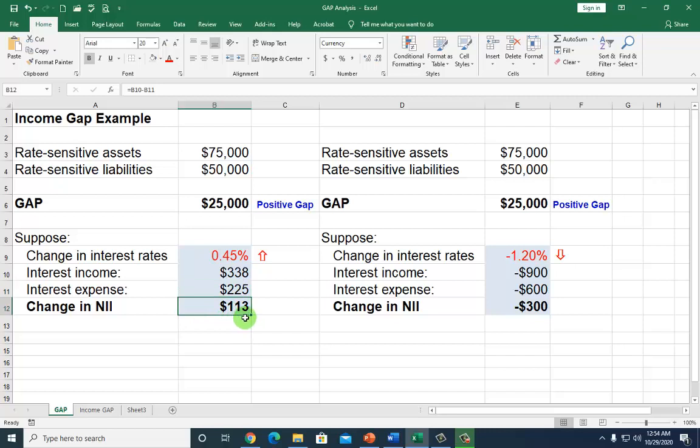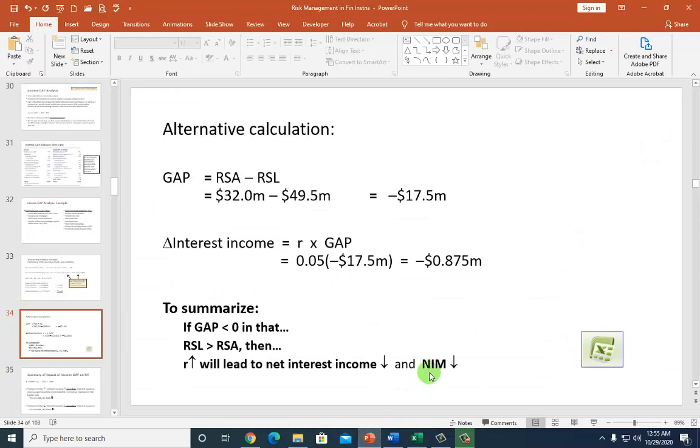But if, on the other hand, given this positive gap of 25,000, we face a reduction in interest rates, that's not going to be good, because as you can see, we're going to be earning $900 less in income and paying only $600 less in liabilities, because this gap is asset sensitive. So this causes our net interest income to drop by 300. So quite an interesting situation, isn't it?